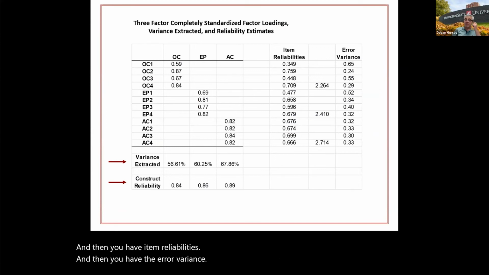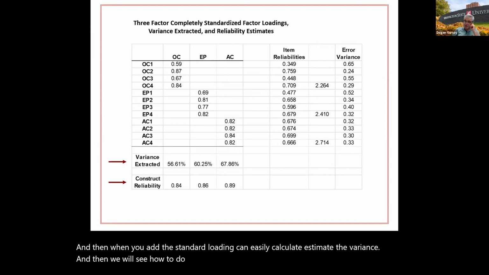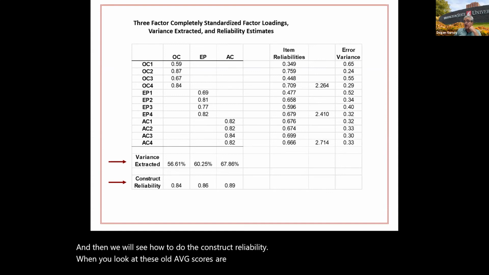The easiest way of calculating item reliabilities is to square the loading, or 1 minus the error variance will give you the item reliability. Then when you add up the standardized loadings, you can easily calculate the variance extracted. And then we will see how to do the construct reliability. When you look at these, all the AVE scores and construct reliabilities are higher than the threshold values.